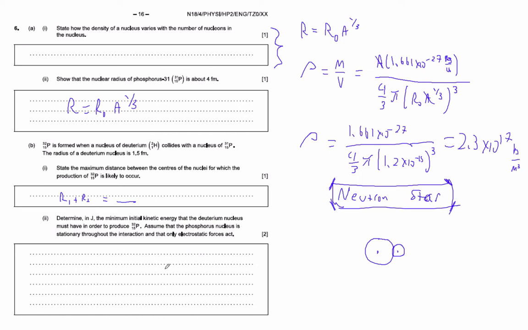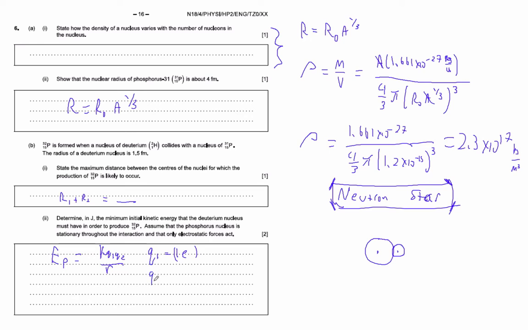Determine in joules the minimum kinetic energy that the deuterium nucleus must have in order to produce that, right? So just use this potential energy one that we used for closest approach, right? kQ1Q2 over r, right? Plug that in. Q1 is, you could say, 1e, right?